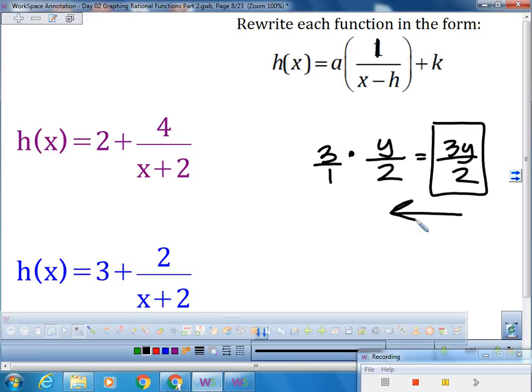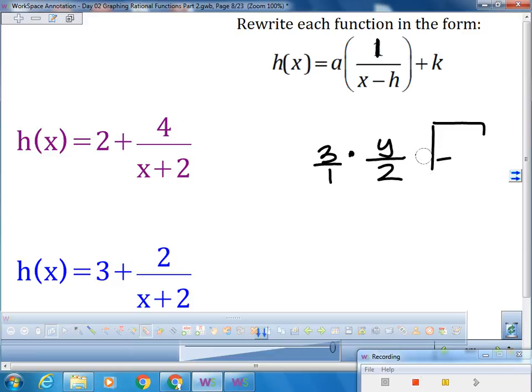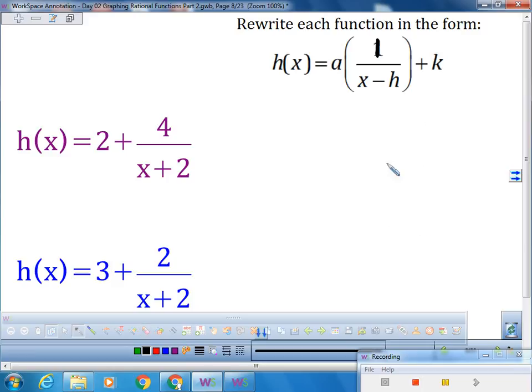Okay? So let's do another one. If I had 4 times 1 over x, I could rewrite that as 4 over x. Correct?